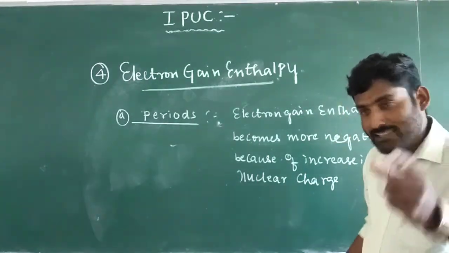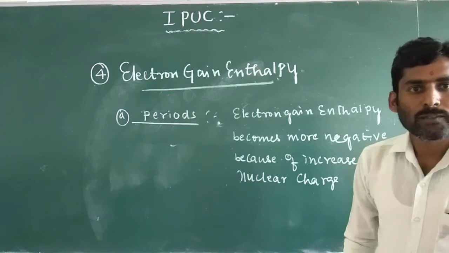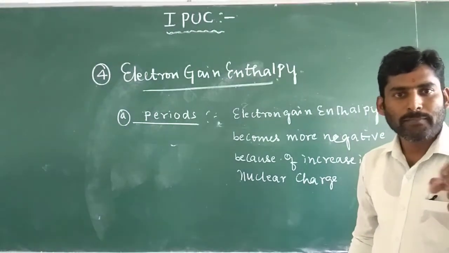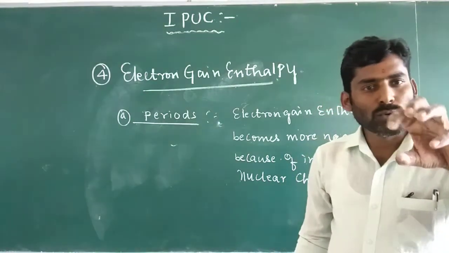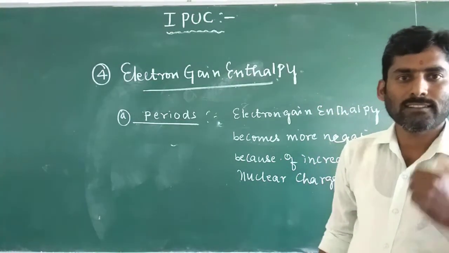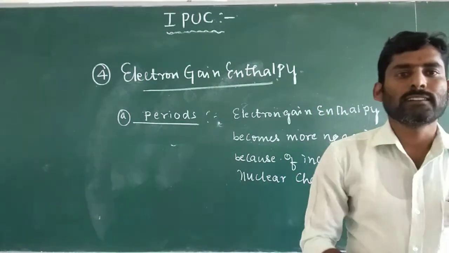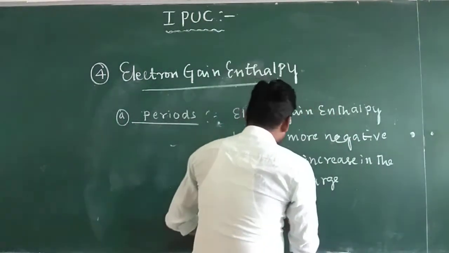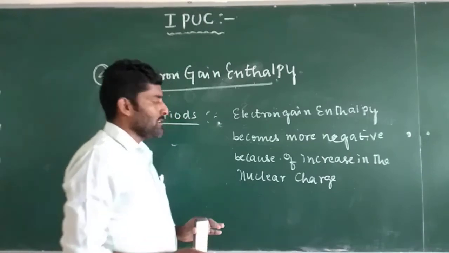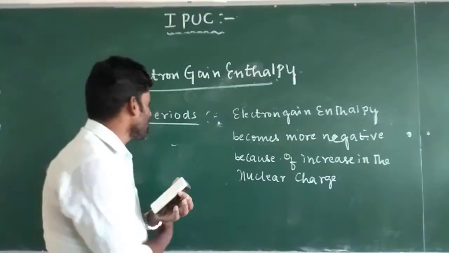Effective nuclear charge is more, so they have a tendency to attract or gain the electron. So electron gain enthalpy becomes more negative because of increase in nuclear charge.